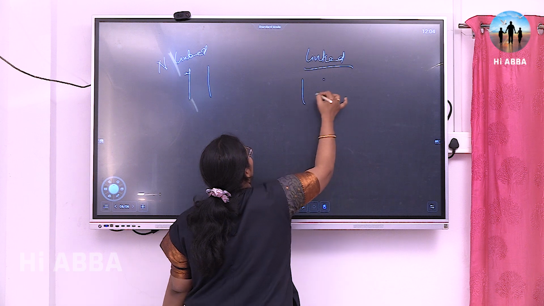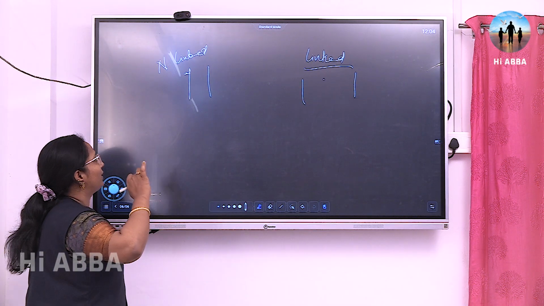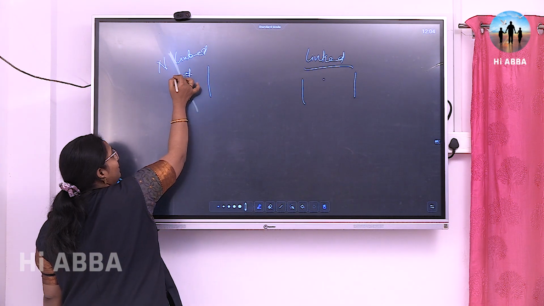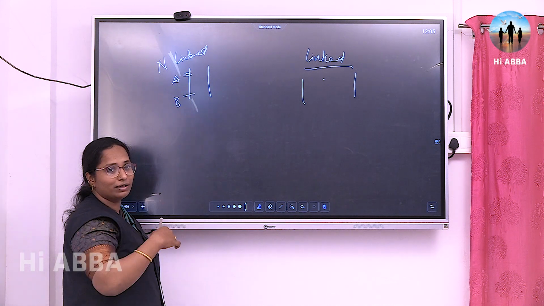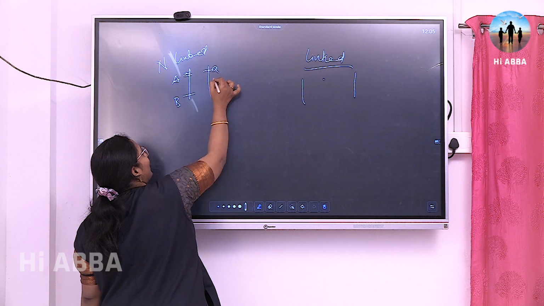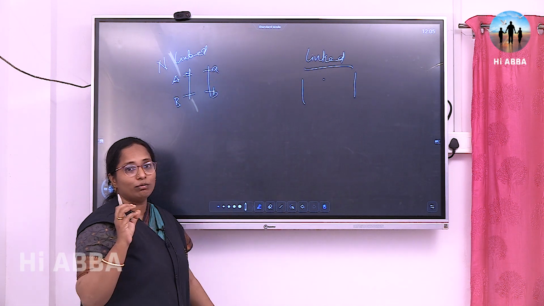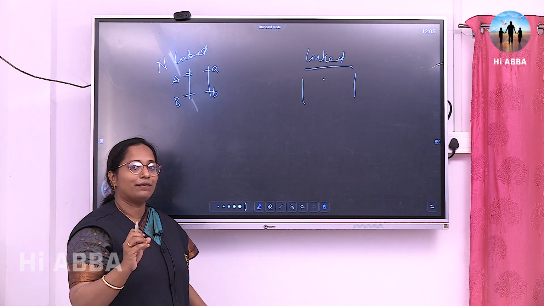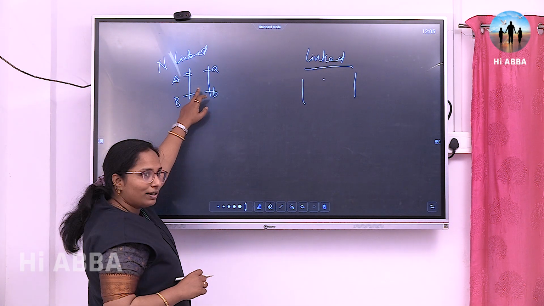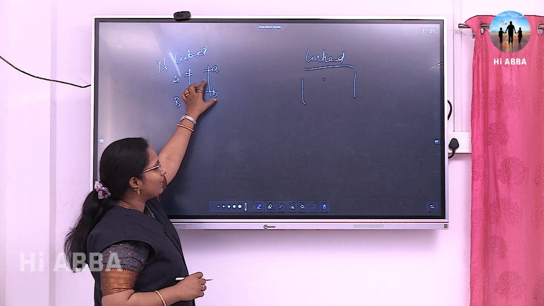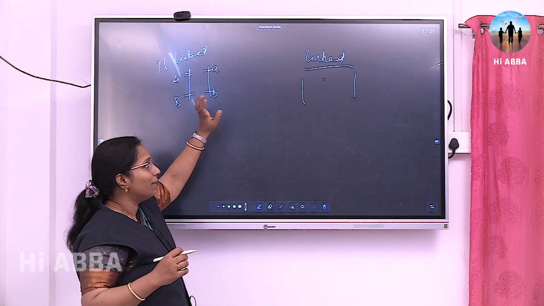When it is non-linked, take it as capital A, capital B, where the distance should be longer, and here we will take small a and small b. I am talking about homologous chromosomes, which I have already explained, but I will explain further later. So here, in the non-linked case, both genes have a certain distance between them in the locus.